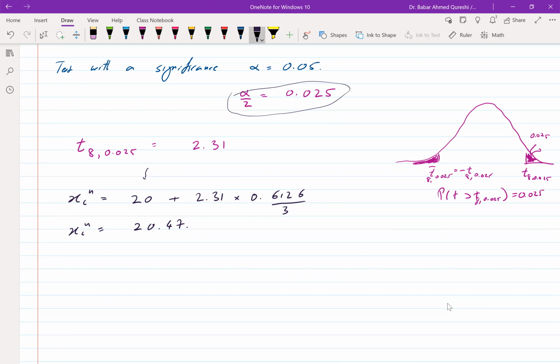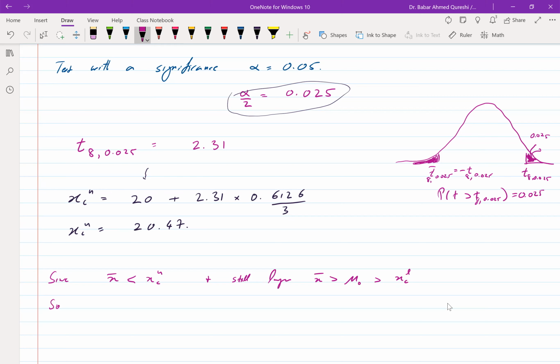So I can test, and since x bar is less than the upper critical value and still larger than mu naught, that means it's larger than the lower critical value, which is always less than the tested mean.